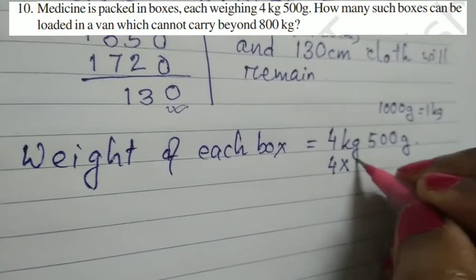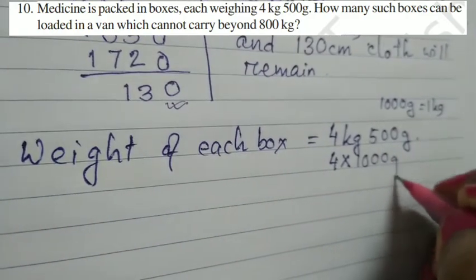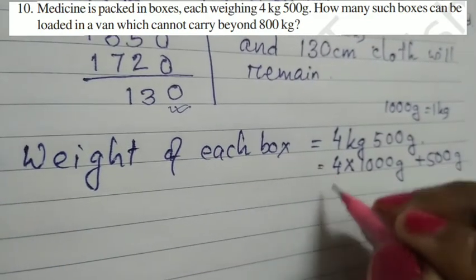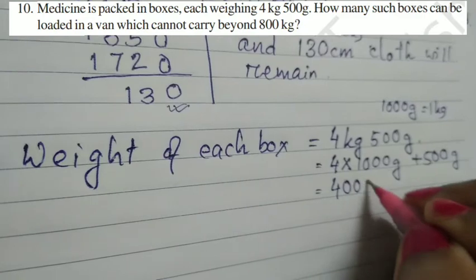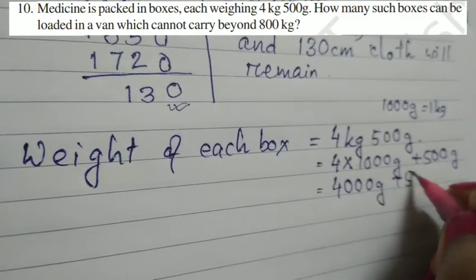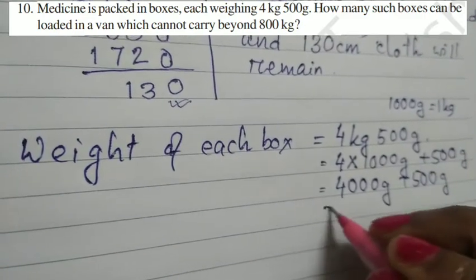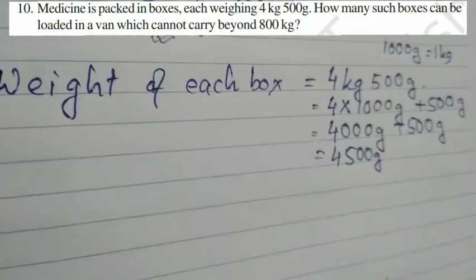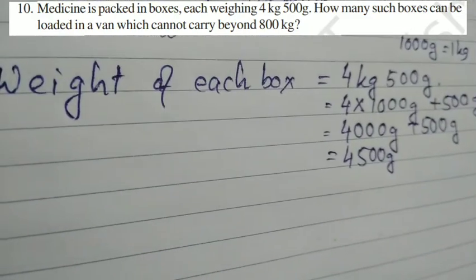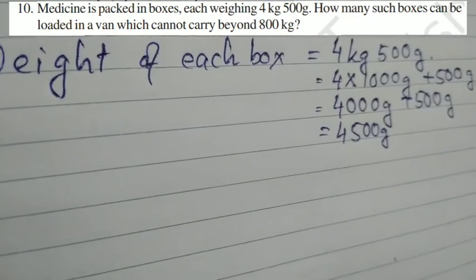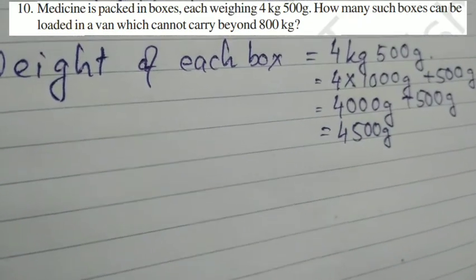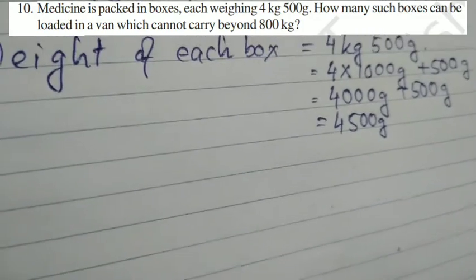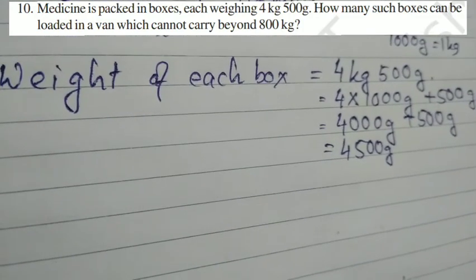So 4 into 1000 will make it gram, plus 500 gram. So that is equal to 4000 grams plus 500 gram, that is equal to 4500 gram. Okay. Then it says, how many such boxes can be loaded in a van which cannot carry beyond 800 kg?